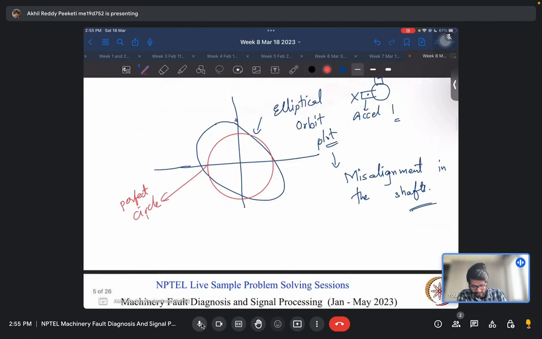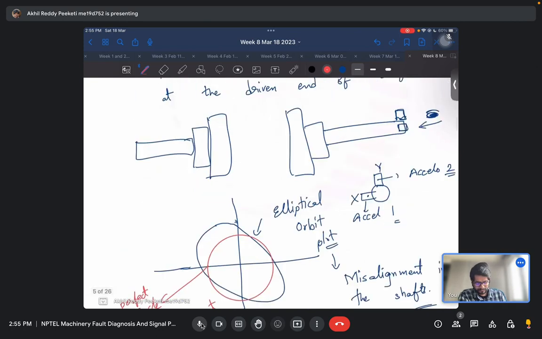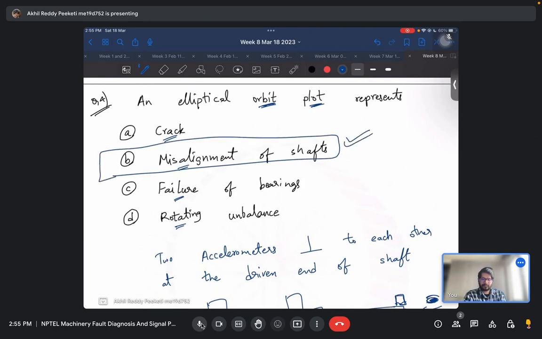That represents no misalignment. But if there is any misalignment, you will get an elliptical orbit plot. So the elliptical orbit plot represents the misalignment of the shafts.